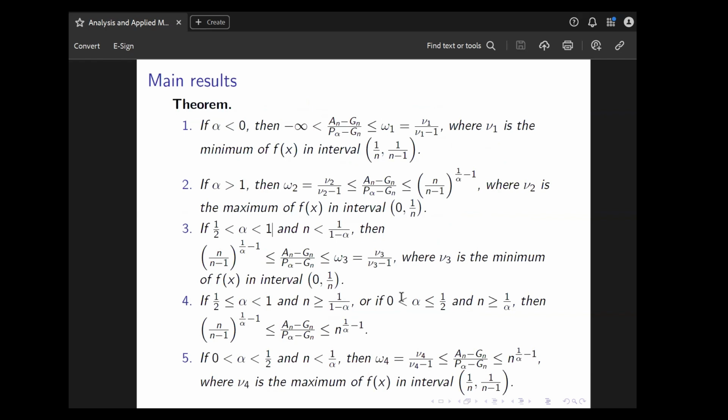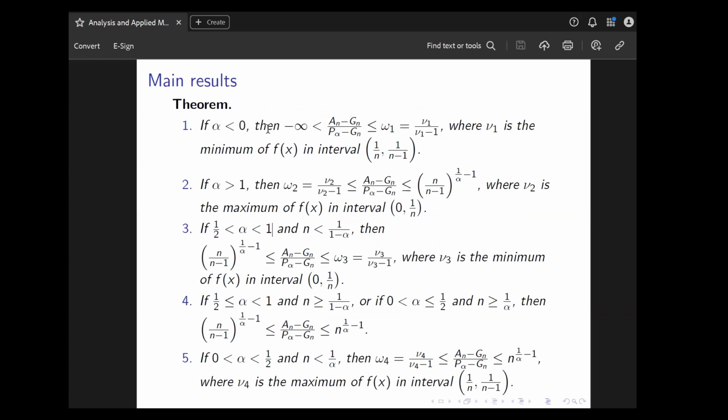So this theorem gives all possible cases. This is the first result of this type in the literature. If alpha is negative, by the way, negative alpha was never studied before.